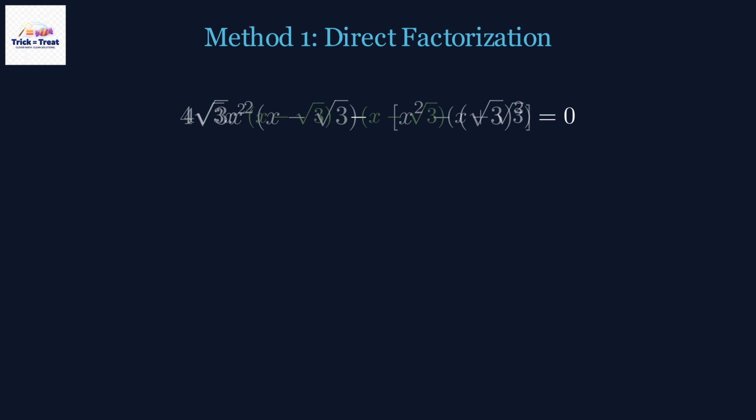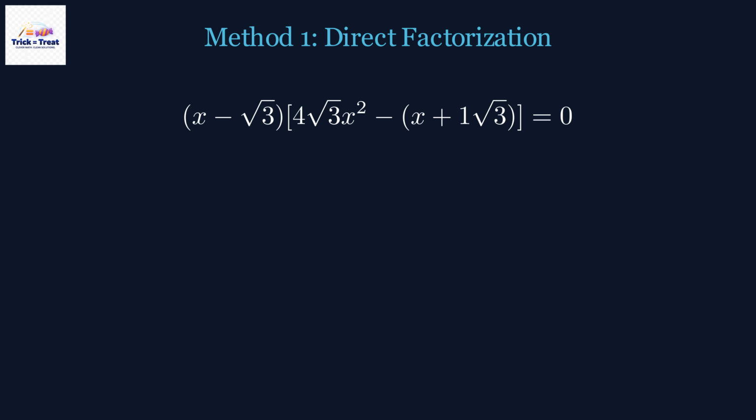Rewrite our equation. 4√3 x²(x − √3) − (x − √3)(x + √3) = 0. Bingo! Both parts of our equation now share a common factor, x − √3. We pull that out to the front. We get (x − √3)(4√3 x² − (x + √3)) = 0.